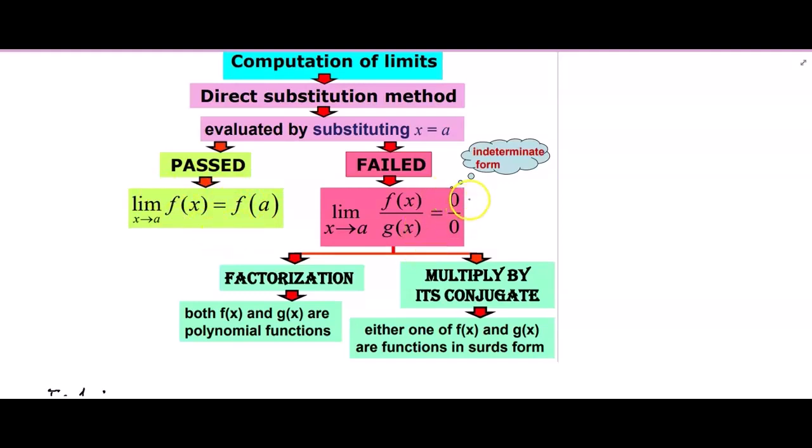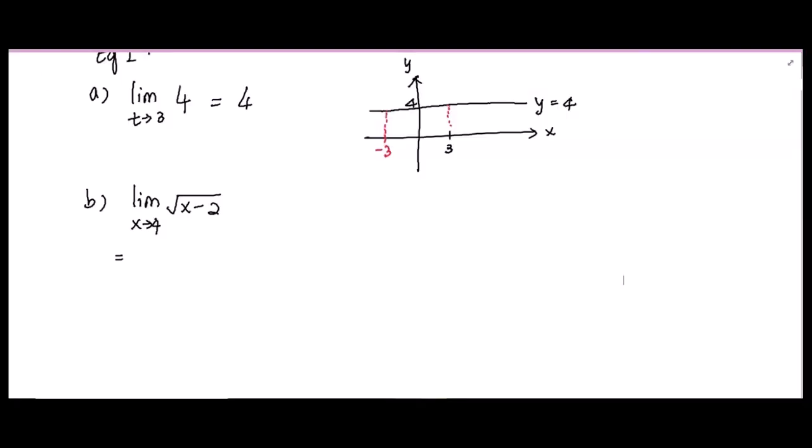If we got 0 over 0 when we use substitution, then you need to proceed to either factorization or multiply by its conjugate or both of them. For this question, we can directly use the substitution method. That means substitute 4 into the x. Then you have the square root of 2. So this is the answer for this limit.